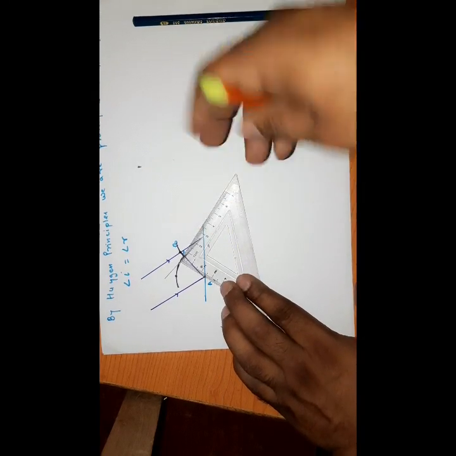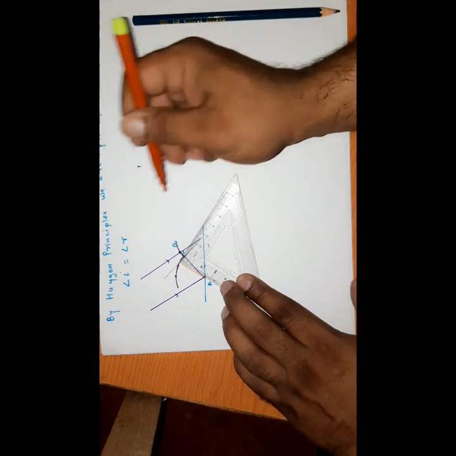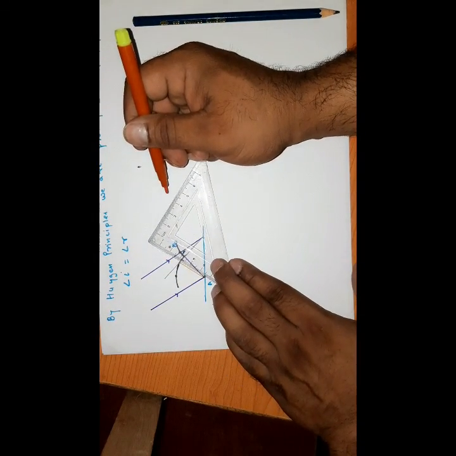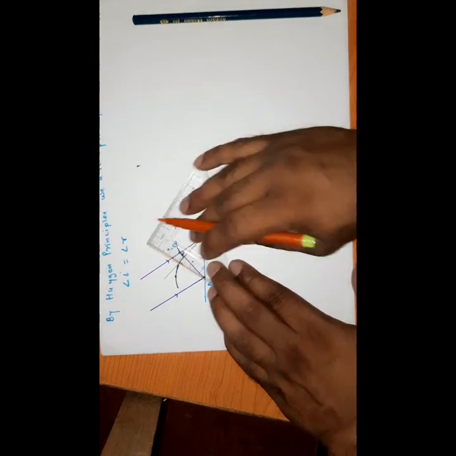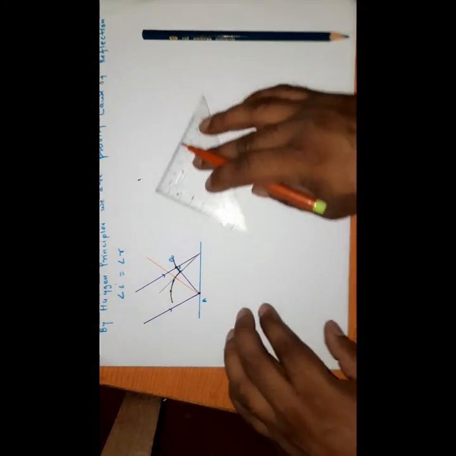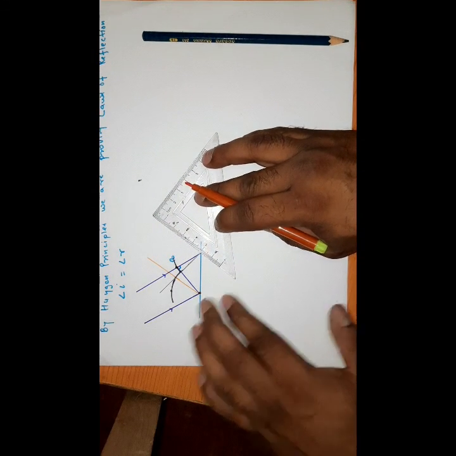So this ray will produce further, this is the reflected ray. We will make another parallel ray from here in this way.